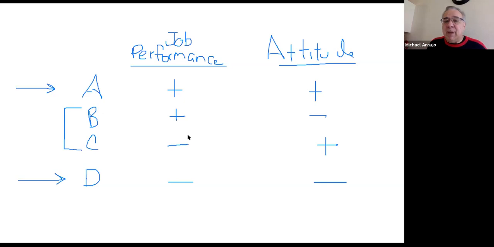Employee C is a better choice to stick with because there's ways that the business can help improve the job performance. There's nothing the business can do to change someone's attitude, okay? Because you simply don't have control over that, right? The other person does.